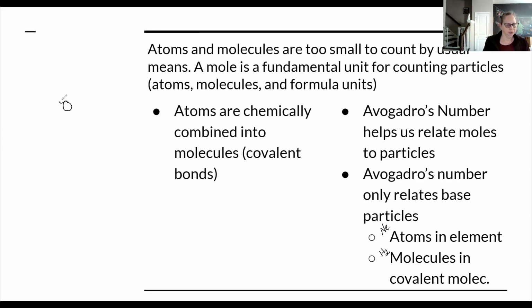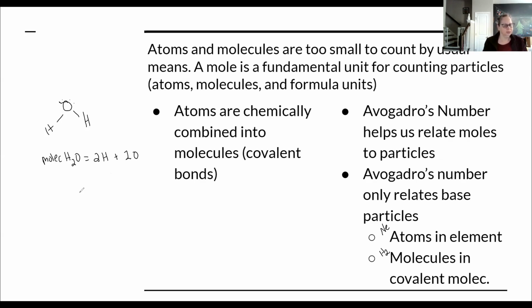So let's look at water. Water is 2 hydrogens and 1 oxygen. So if I figure out the molecules of water, that's equal to 2 hydrogens and 1 oxygen, same as what we did before to find valence electrons, same as what we did before to find a molar mass.